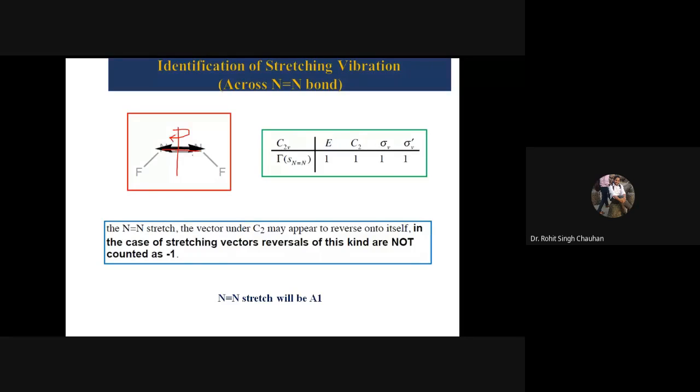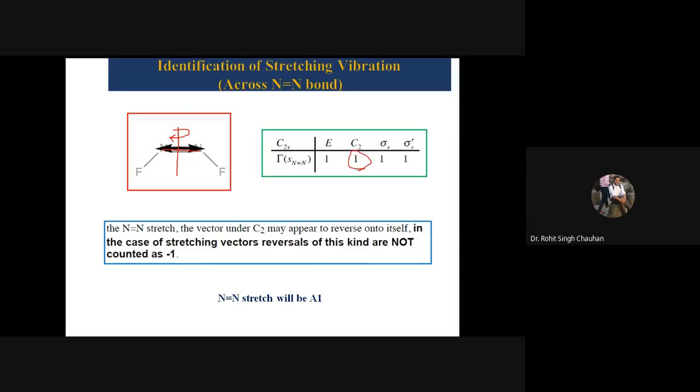But that is the story of atoms, and now we are talking about bonds. So don't think that this bond is going to be shifted. No, the bond is not going to be shifted. The only variation is along the atoms, but here we are talking about the bond. That's why the C2 value will be 1 here.